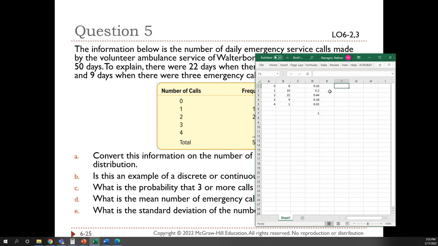Next, we'll go ahead and do these as we go. Insert the row. Let's go. X times the probability of X. So basically, this will equal X times probability.